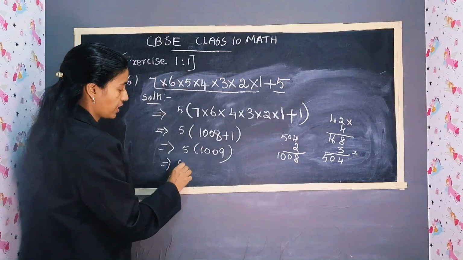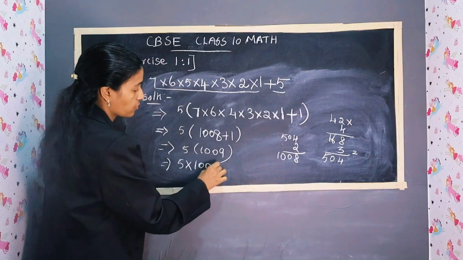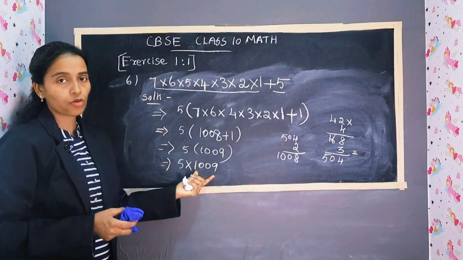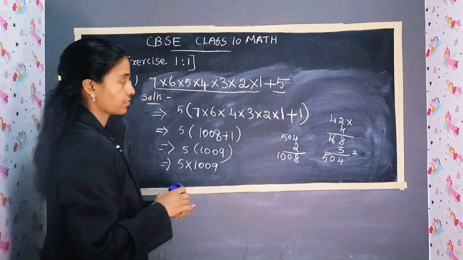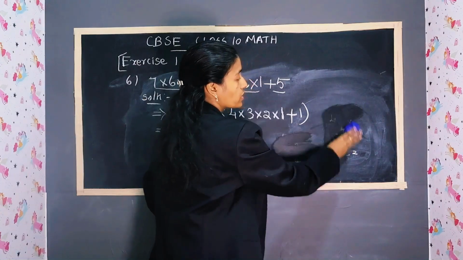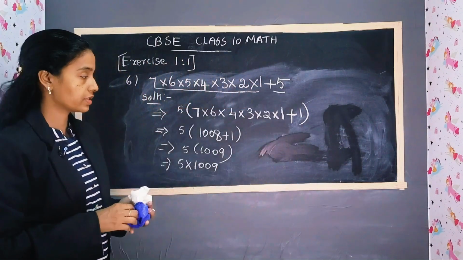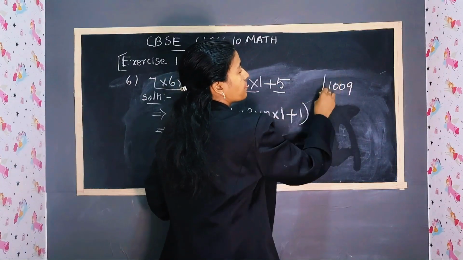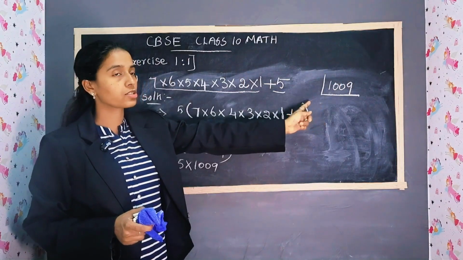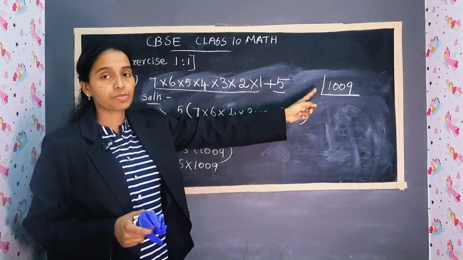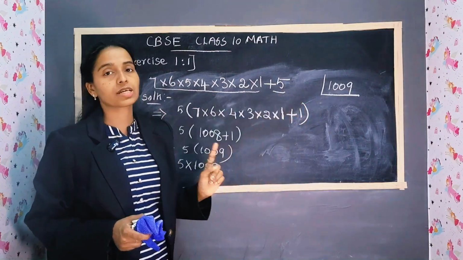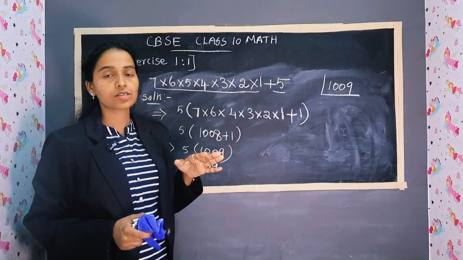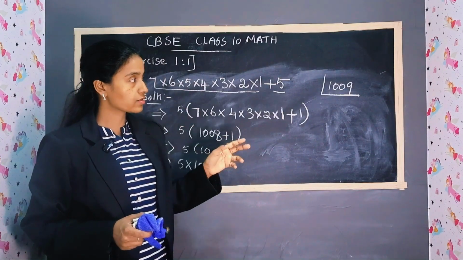Now we have 5 into 1009. So I'm going to find out the factors of 1009. For that we'll be using the division method, right? 1009. For this 1009, I cannot take 2 as a prime factor. Why? Because this 1009 will not get divided by 2 completely, and if you are checking with 3, we cannot, 4 also, 5 also, we cannot divide.